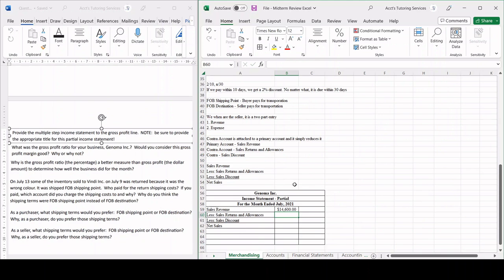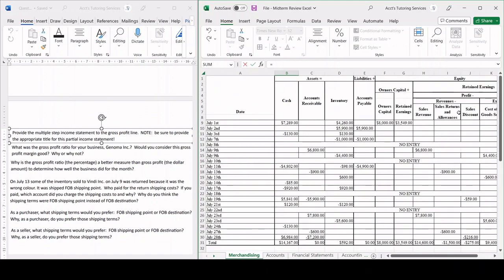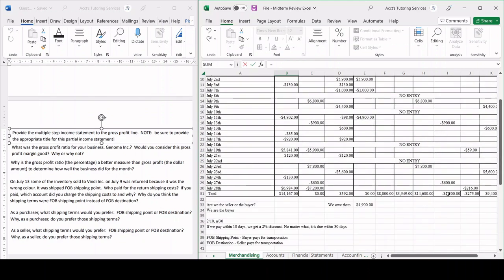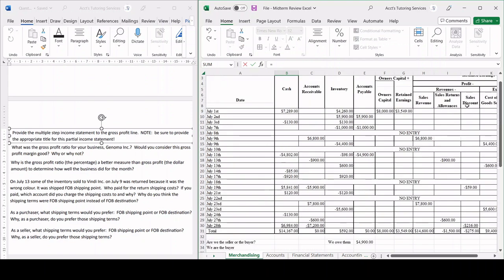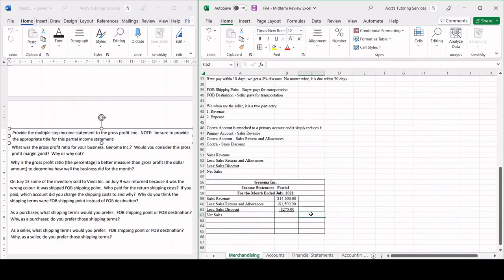And then sales returns and allowances right over here is negative 1,500, and sales discount right over here is going to be negative 275. And then in this case, remember, it should be dollar signs. So then we're going to sum these three together. We're going to do 14,600 plus negative 1,500 plus negative 275 to arrive at 12,825.